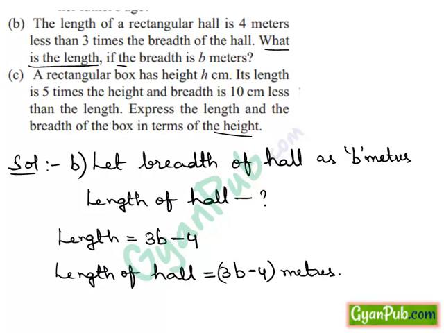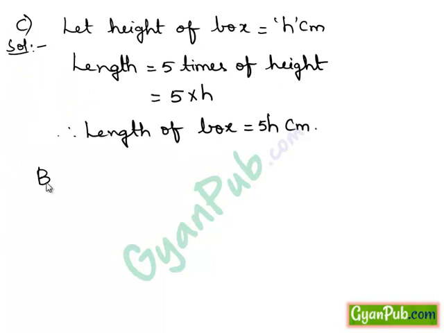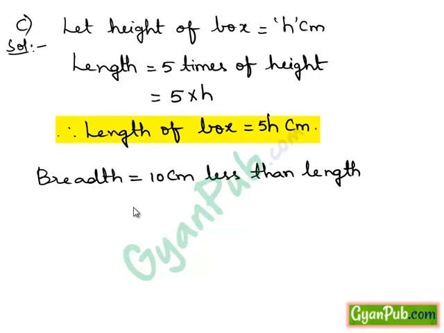They had also given that the breadth is 10 centimeters less than the length. So breadth is 10 centimeters less than the length, which means 5h minus 10.